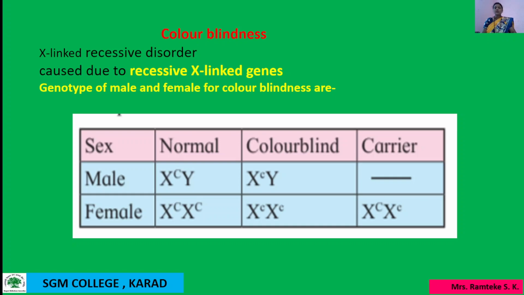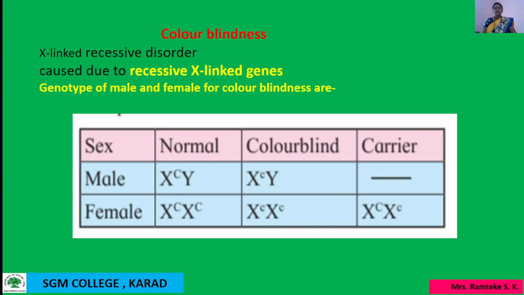Okay, so which prevents formation of color sensitive cones in the retina of the eye. Okay, then homozygous recessive female, that is the X small c X small c. Okay, so here is a X small c, and hemizygous recessive male, XcY, are unable to distinguish between red and green color.